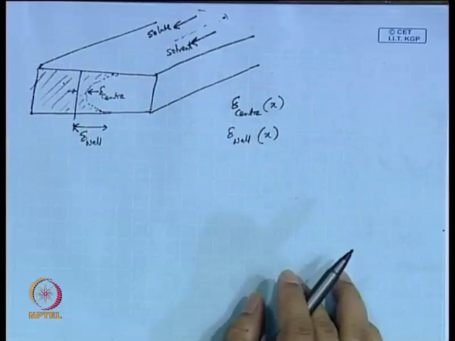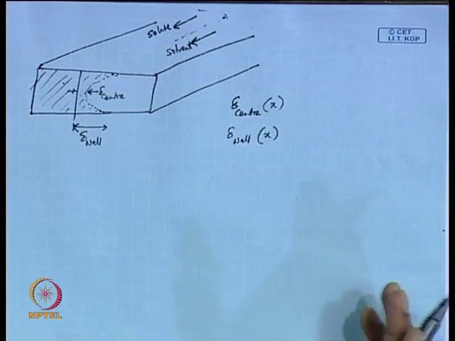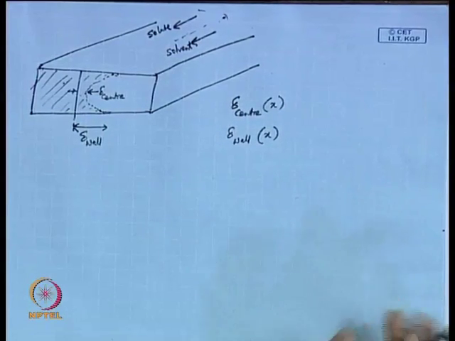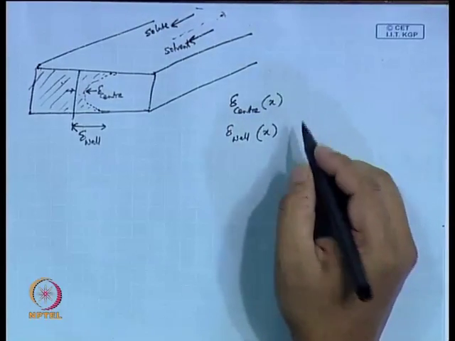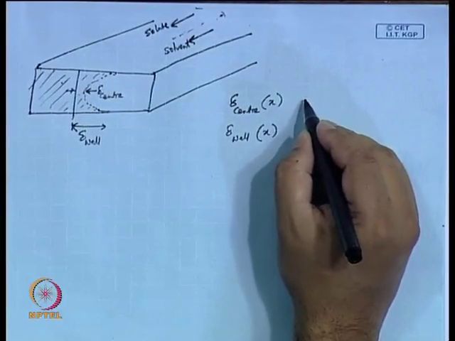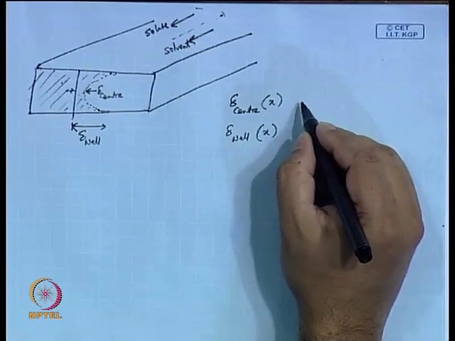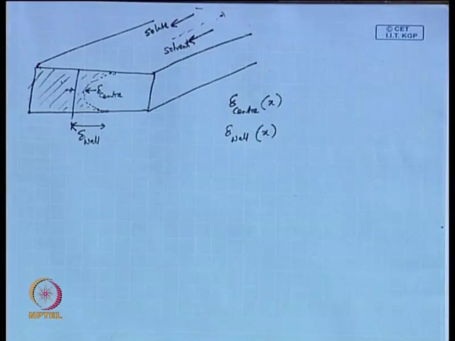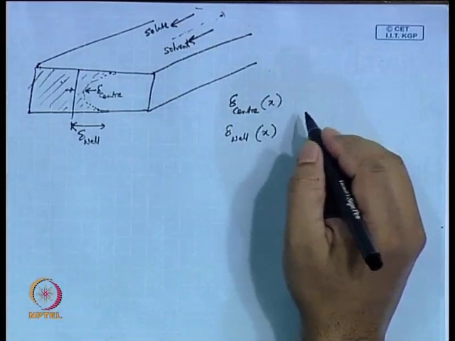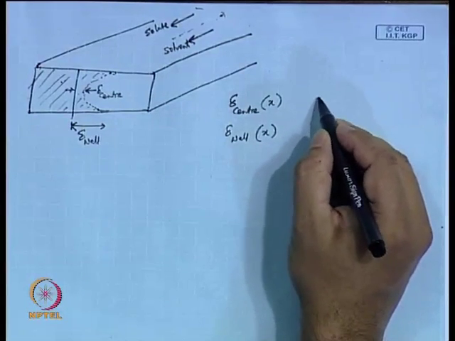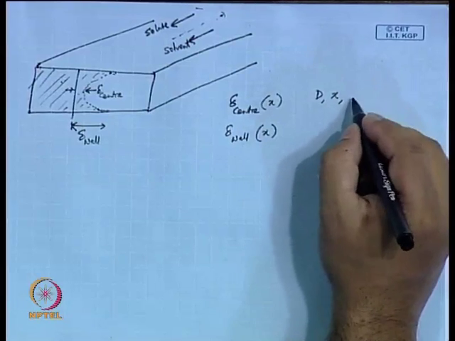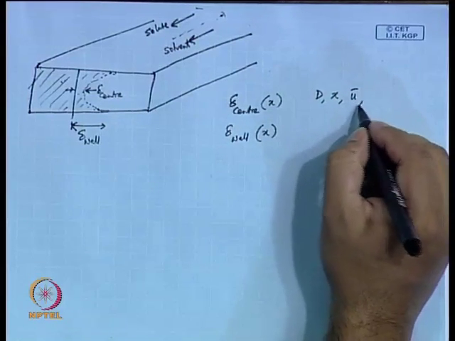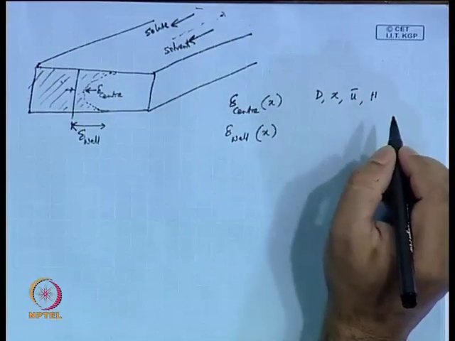As a matter of fact, some researchers have done experiments on this also. Basically, for this delta center, they have tried to find out how the proportionality would be with reference to d, with reference to x, with reference to u bar, with reference to h.